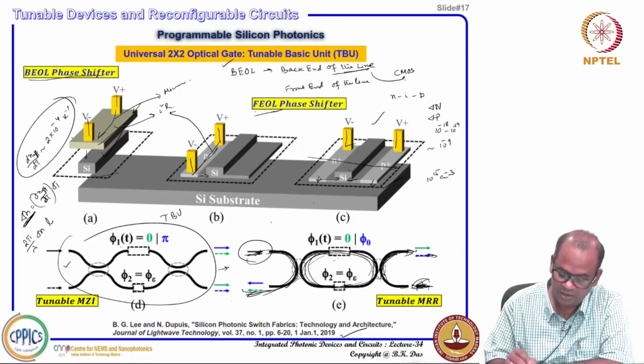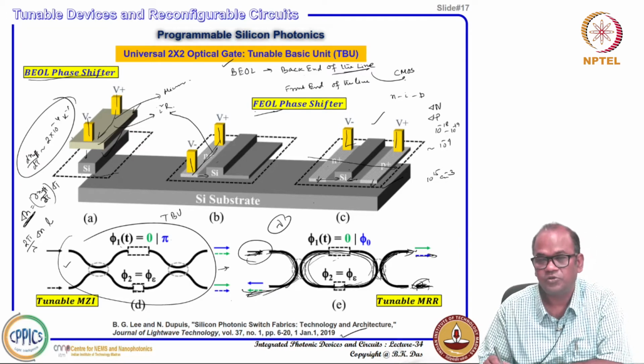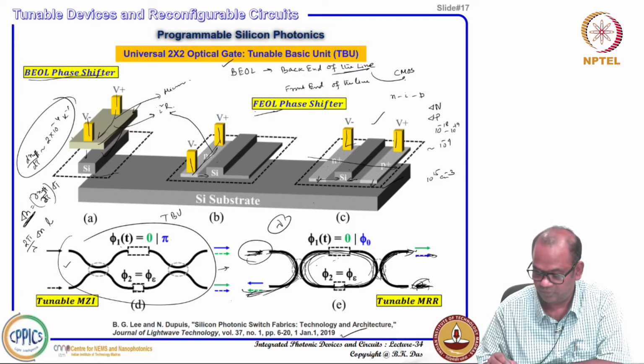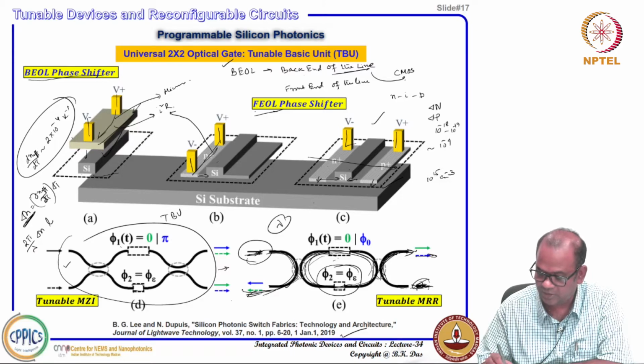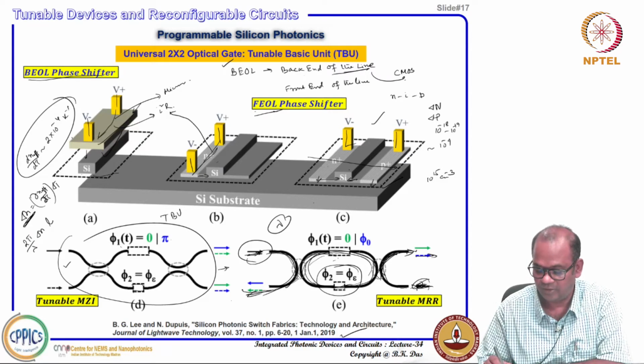Only thing is that your operating wavelength should be resonant to the ring. If it is off resonant, then you can control the phase here, bias here, so that that particular wavelength can also be resonant to the micro ring resonator.